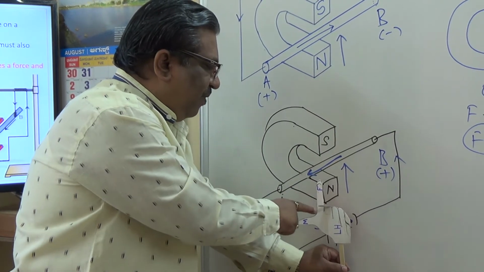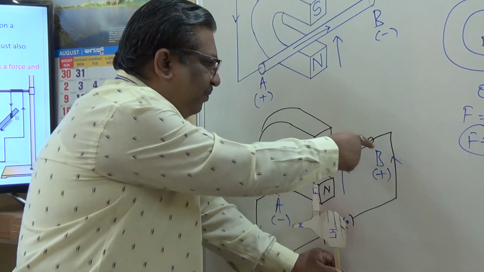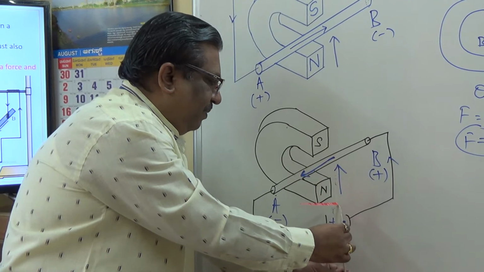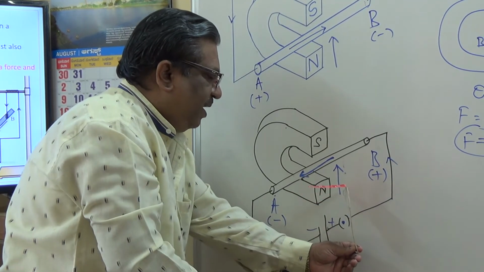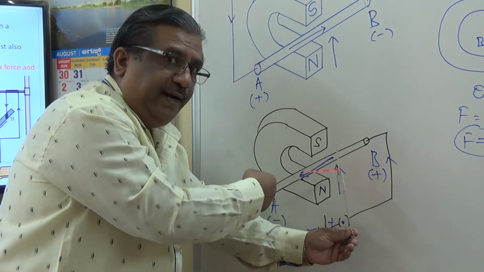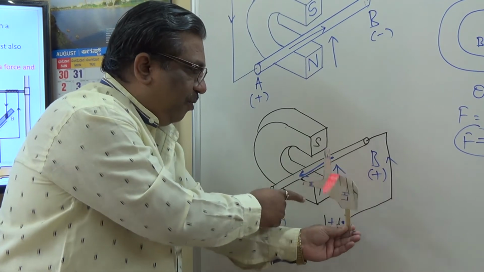Current is the middle finger, which is pointing towards you now, but I should align this from B to A. See here, this is how I'll align it. In that case, the thumb is into the board now. See here, this thumb is showing into the board.